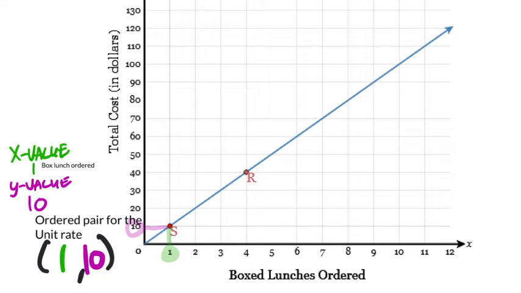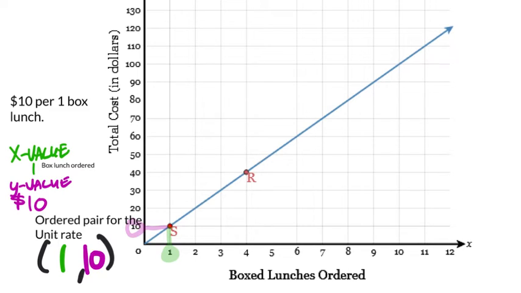I'm just going to put it in dollars, okay? Now to take this a little bit further, I'm going to interpret this because we can. It's saying that it's $10 per 1 boxed lunch, or you could say every boxed lunch costs $10. Doesn't really matter. It's the same exact interpretation.